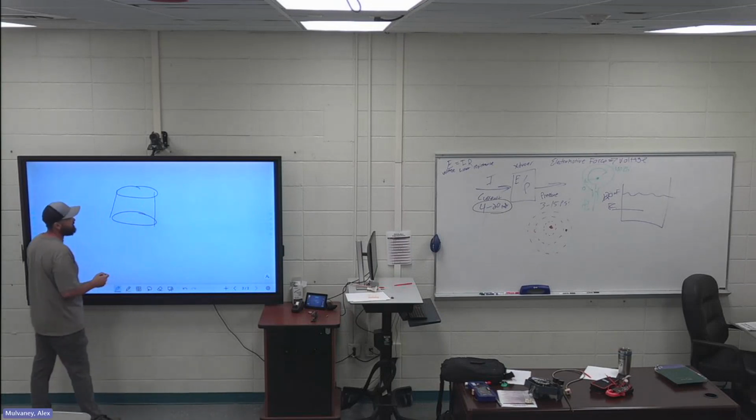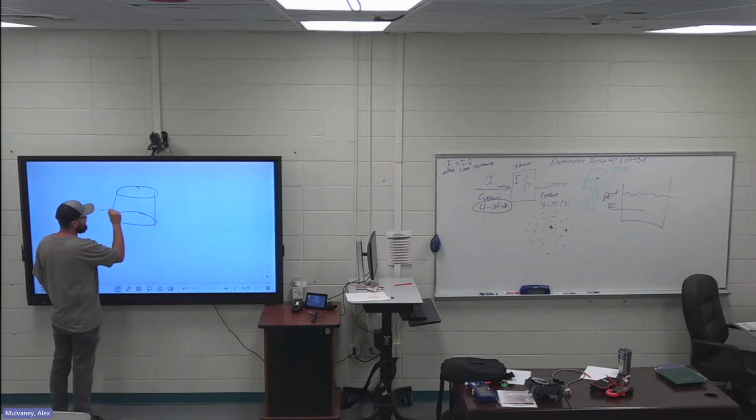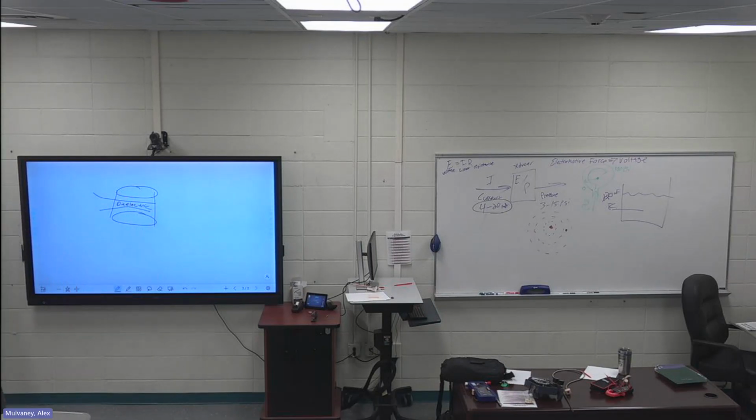So a lot of times this whole thing will be a capacitor, and this is plate 1, this is plate 2, with the dielectric in between, right? So the capacitance is based on how close the plates are together. All right, that's all it is. So it can determine a charge based on how close the plates are together.